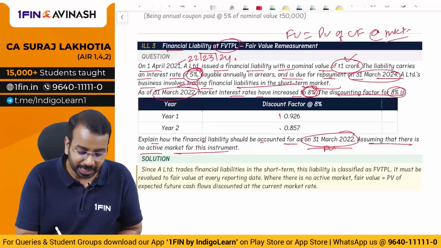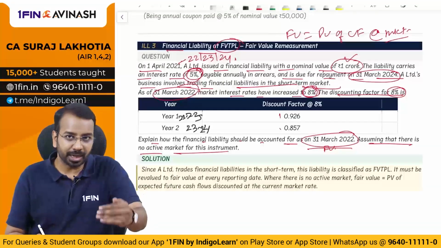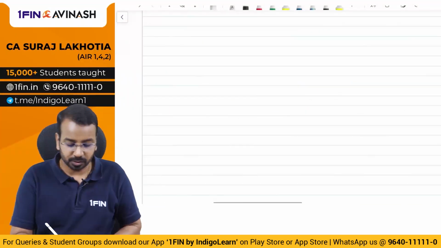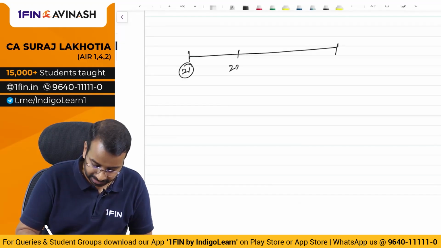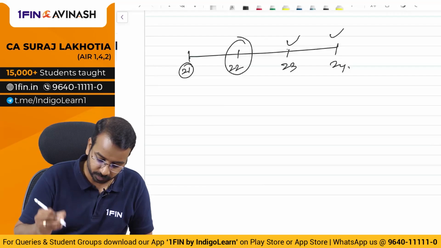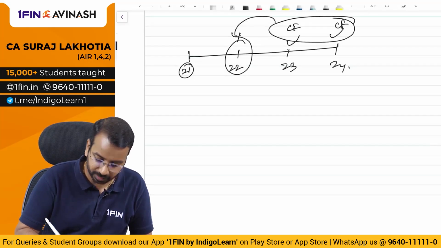Remaining cash flows means cash flows for 22-23 and 23-24. If you look at it as a table, 21 we have issued, year end 22, 23, 24. We are standing on this date, 2 years cash flows are pending. So, whatever cash flows we get here and here, if we discount that, we will get the present value.